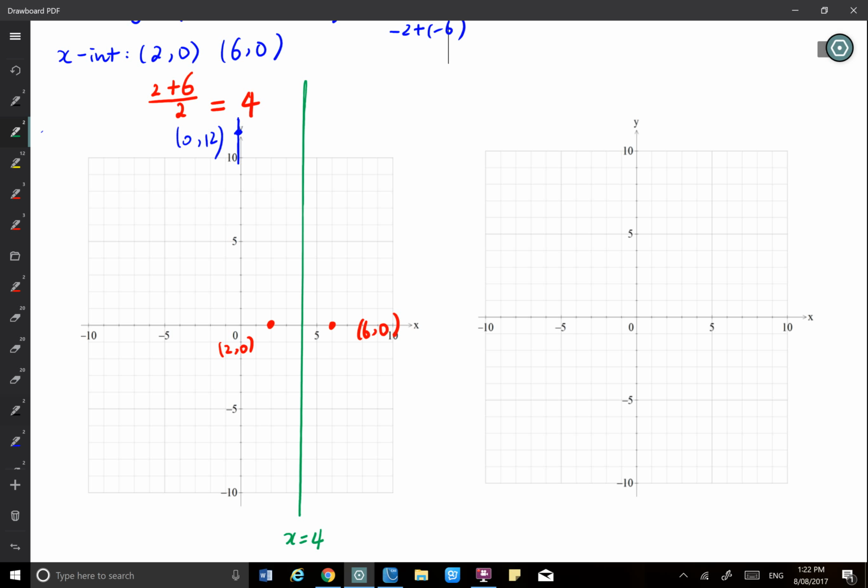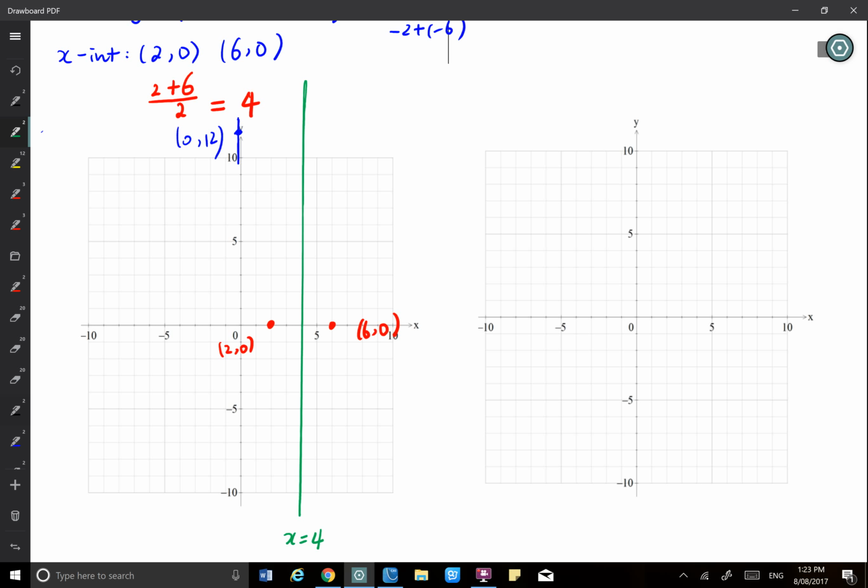It will become negative here. Think about the turning point: the graph is this shape, so the turning point must be below, and it must exist on this line, because x equals 4 is the line of symmetry. The line of symmetry is the x value of the turning point. So when you average those two, you actually get the x value of the turning point.